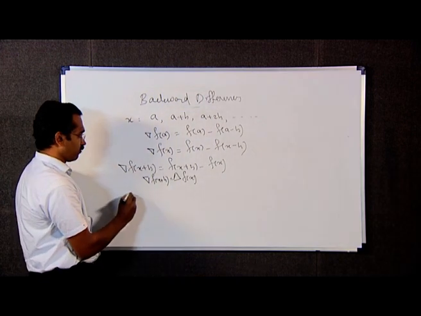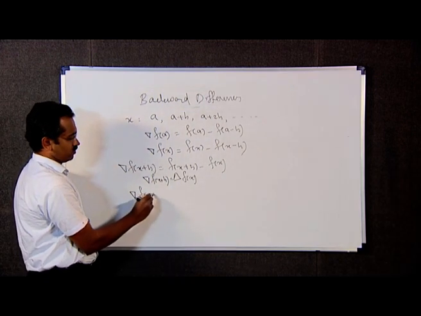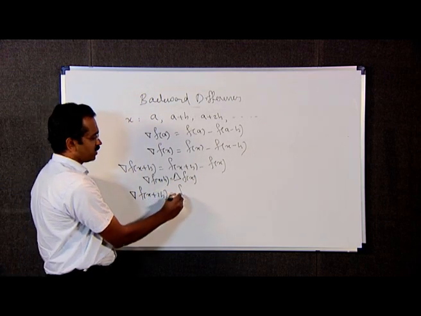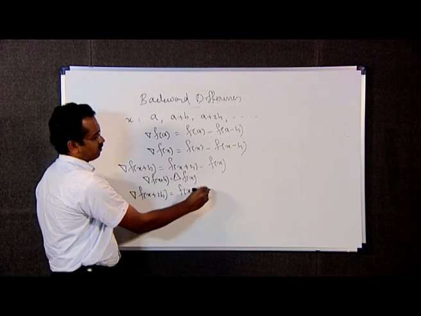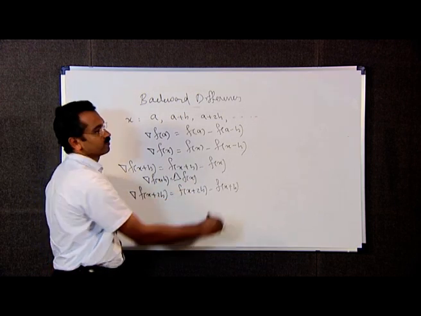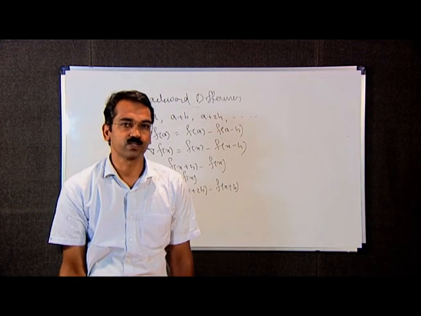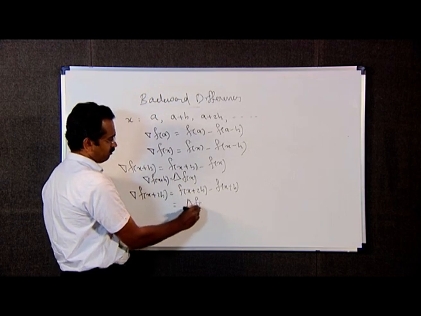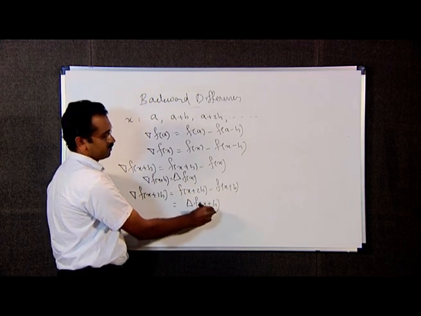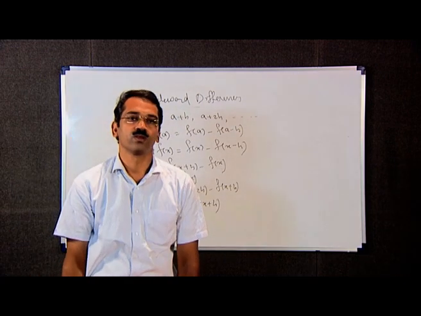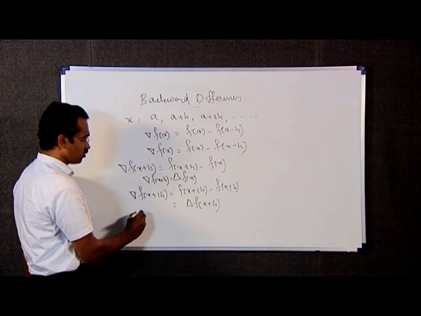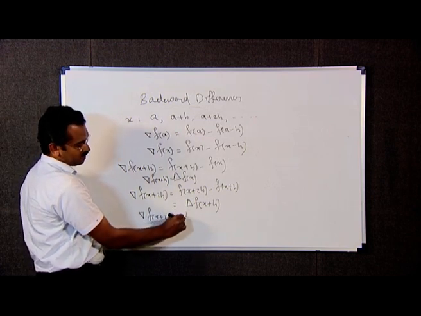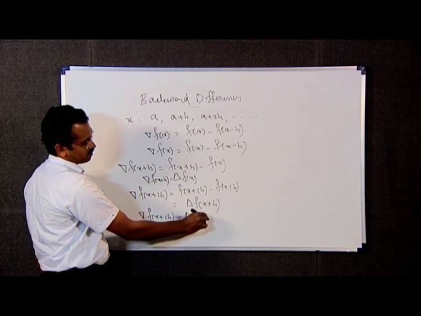Now, del f of x plus 2h is equal to f of x plus 2h minus f of x plus h. This is our delta f of x plus h. That is, del f of x plus 2h is same as delta of f of x plus h.